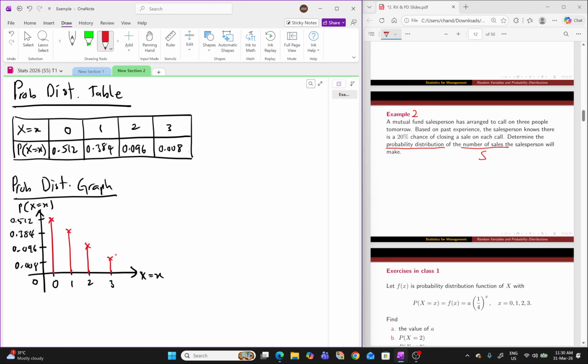This is the graph. So the graph is the function.